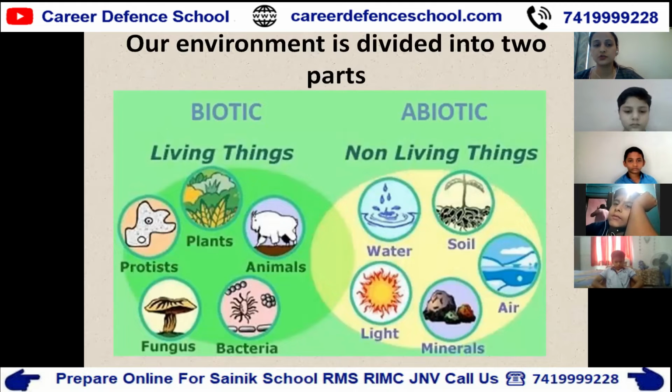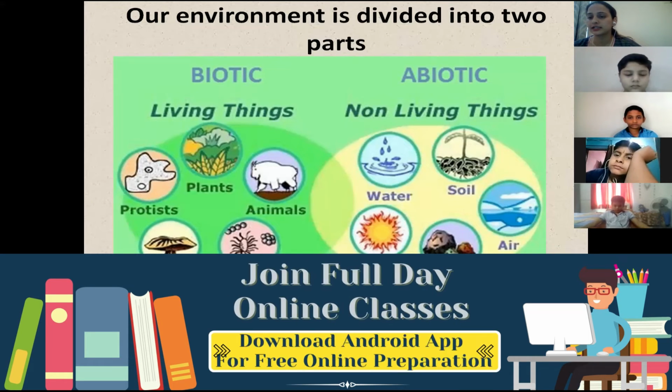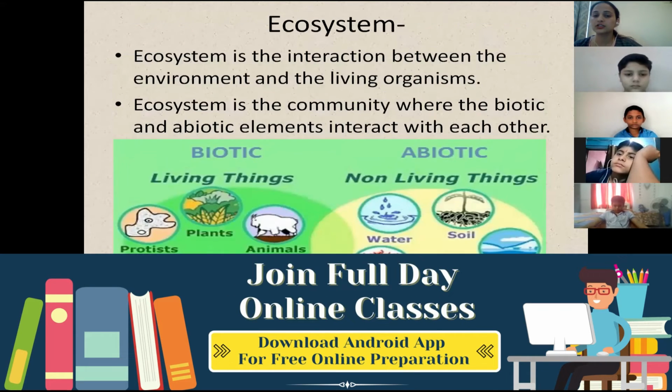Environment is divided into two parts, biotic components and abiotic components. Biotic components are living beings, abiotic are non-living beings. Living beings are like plants, animals, bacteria, fungus, protozoa, and non-living beings are like soil, air, minerals, light, sunlight. And biotic things are dependent for their food on abiotic things, and this is called ecosystem.